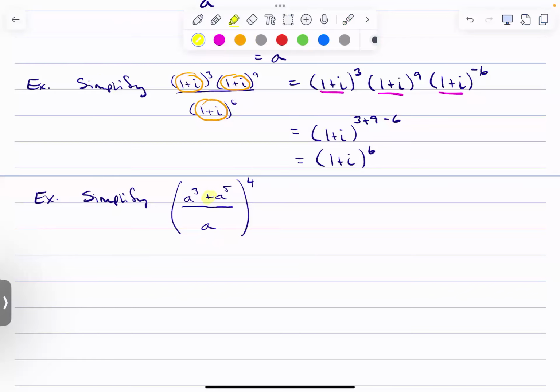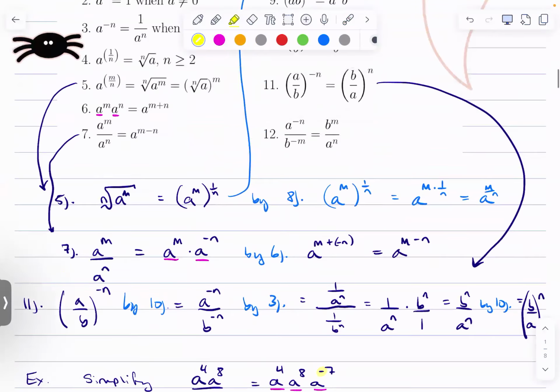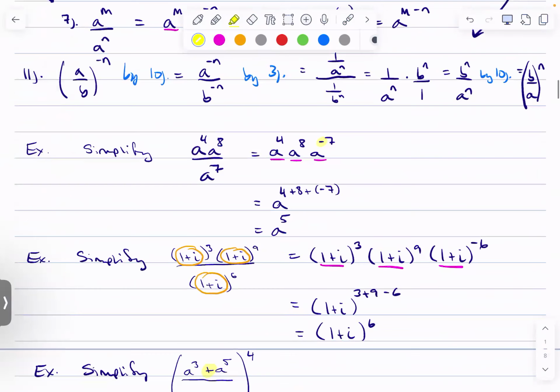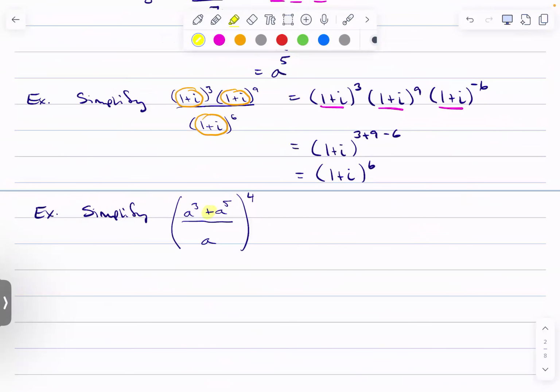And so I want you to pay attention to that plus because we don't have any rules where we're able to simplify if we're adding even the same bases, right? And so you want to be really careful when you see that plus, because all we can really do here is, yes, we are allowed to expand this 4 inside as long as we put it on both the numerator and the denominator, right? So let's start there.